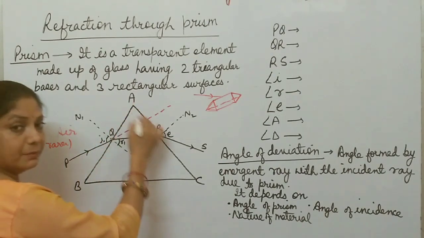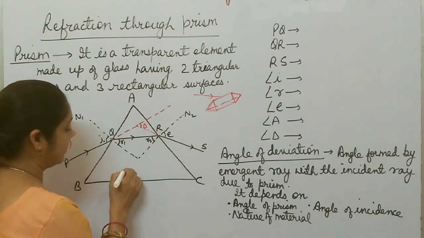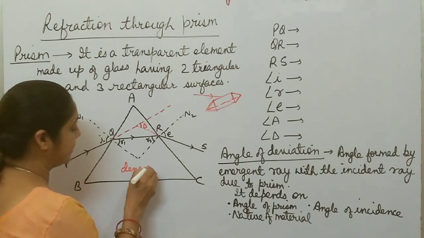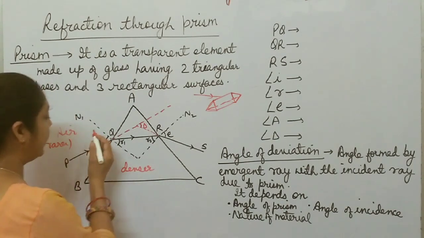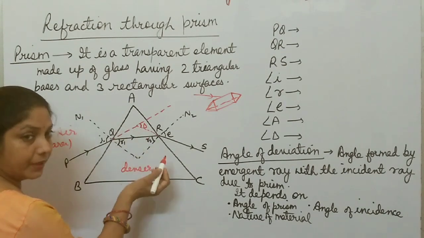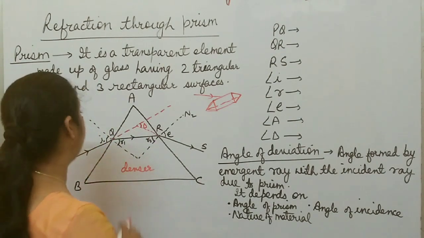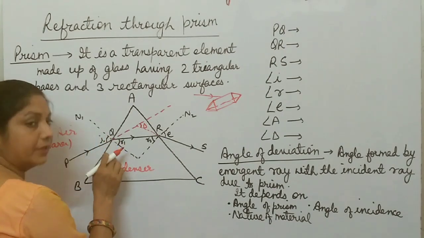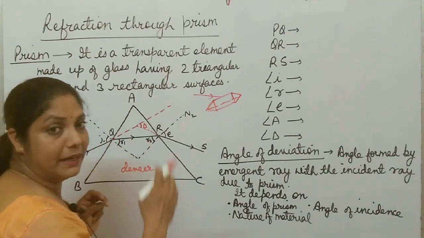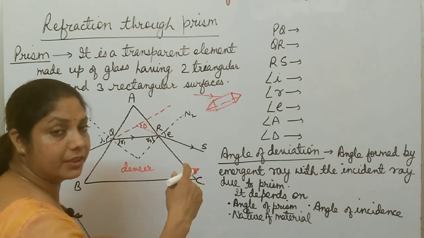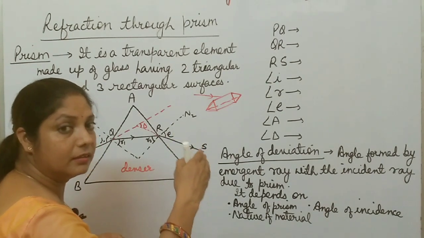And this prism is made up of glass, and glass has a higher refractive index, it is a denser medium. Now when light travels from rare to denser medium, what happens? Refraction takes place, and you know that when light travels from rare to denser medium, light bends towards the normal.